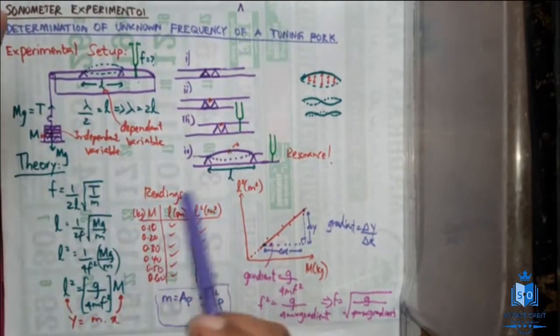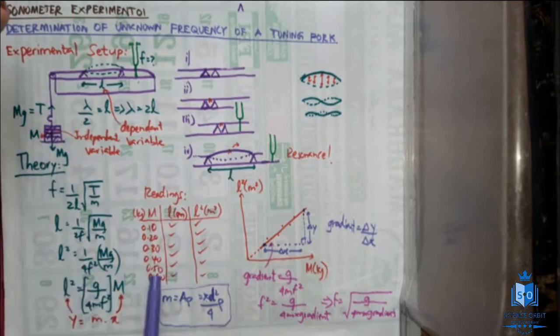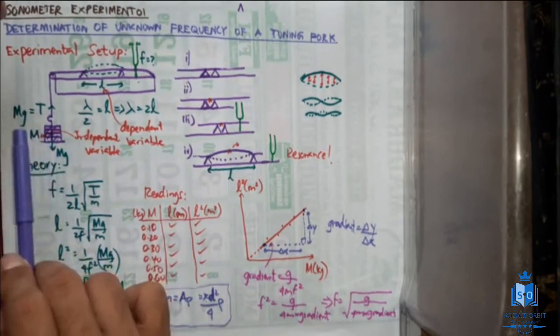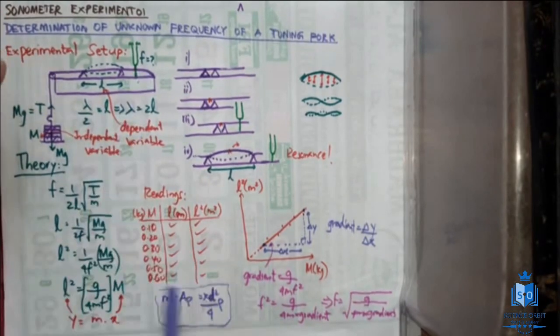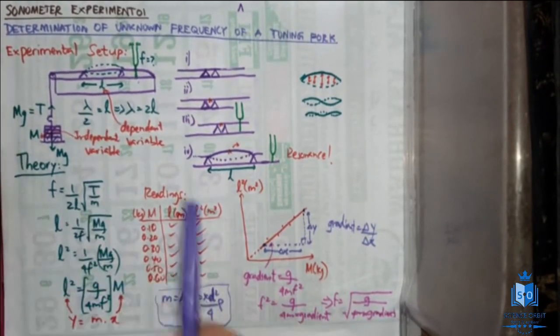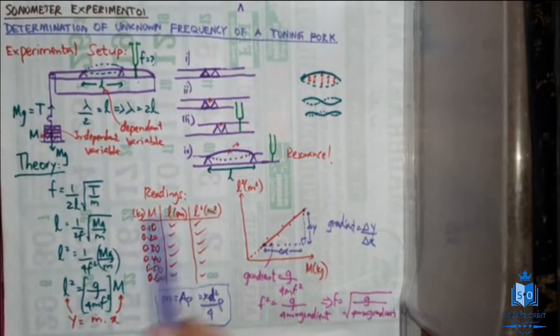So, sometimes we add the highest mass first, and check whether the length of the sonometer is enough to get that final reading, and then we start from the beginning. So, those are some small aspects you have to know. A very common question we get in our model papers and everything.